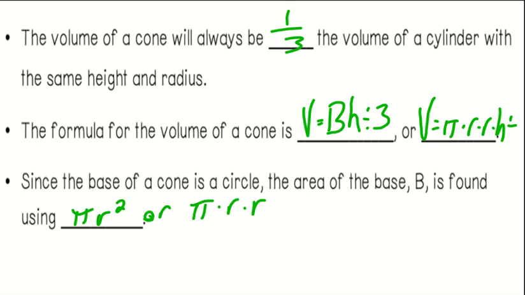But then we got to divide by 3. So a cone is exactly the same formula as a cylinder. We just got to divide by 3. And that's how we take into account that point on it.